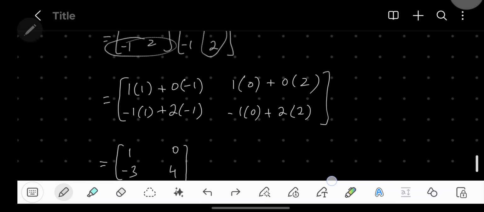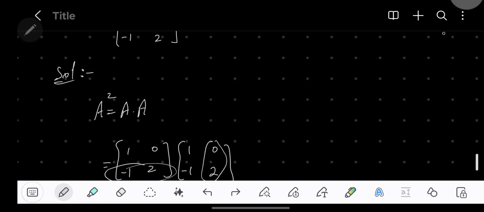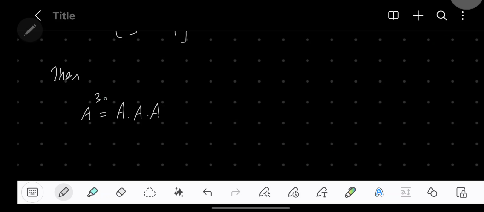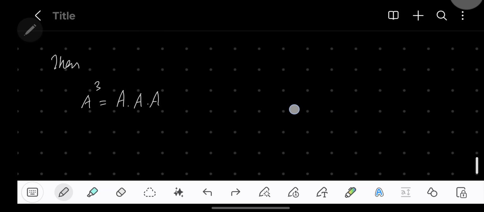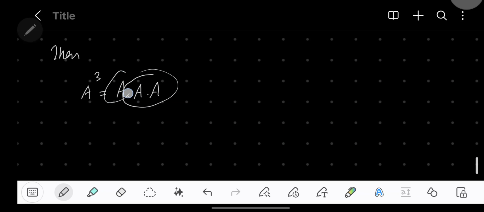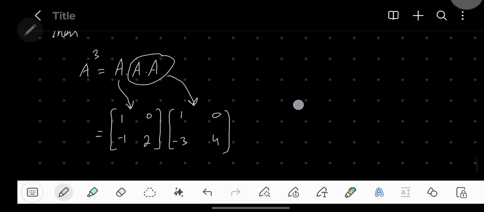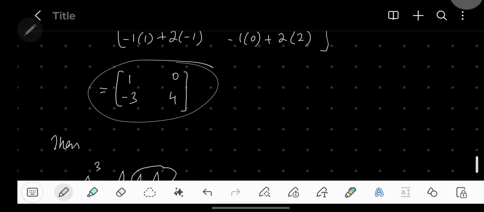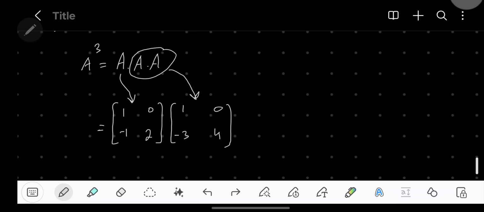Now if you want to find A cube instead of A squared, you can write A cube is 3 times A. But we have already found what A squared is, so we will put the value of A squared and A. You can check, I have already found A squared.